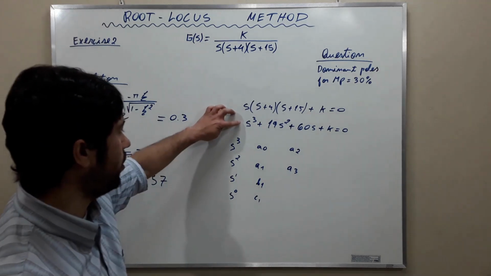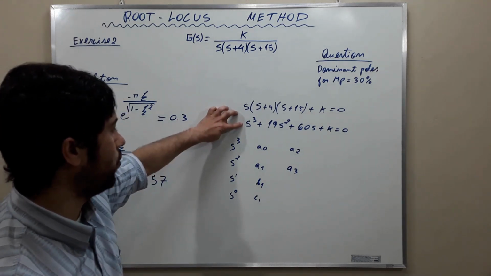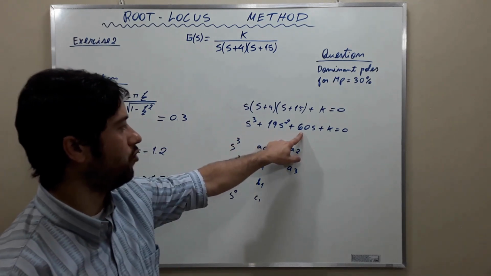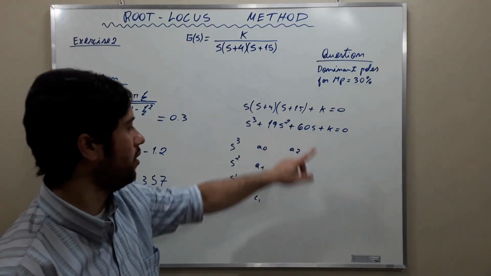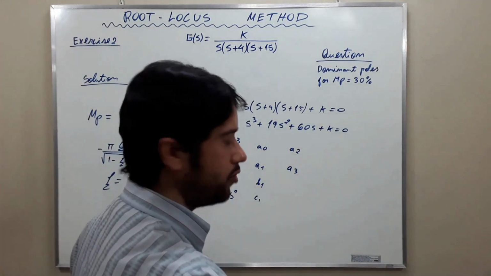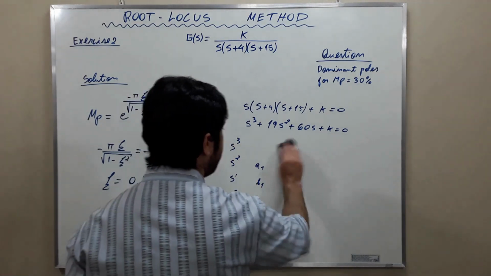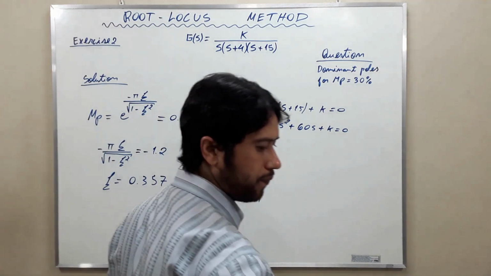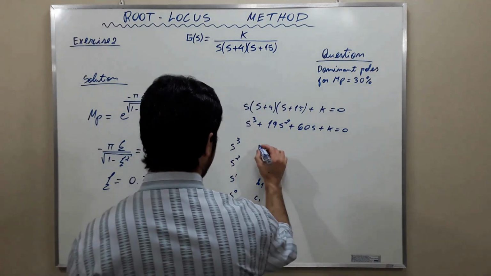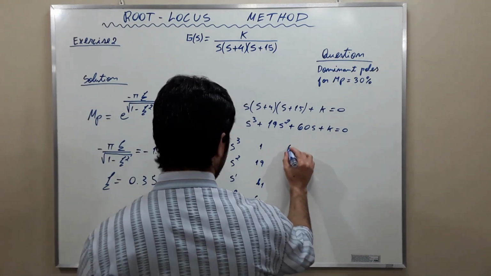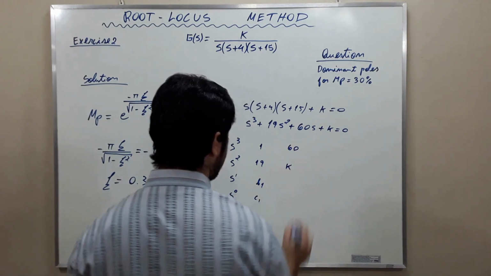From this, we know that a0 is 1, a1 is 19, a2 is 60, and a3 is K. Then let's substitute. 1, 19, 60, and K.